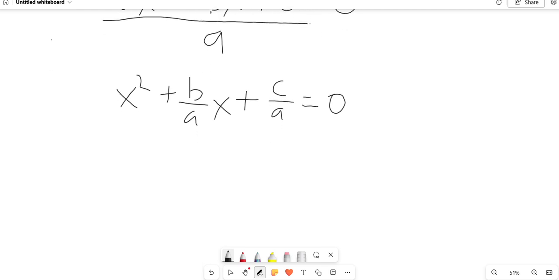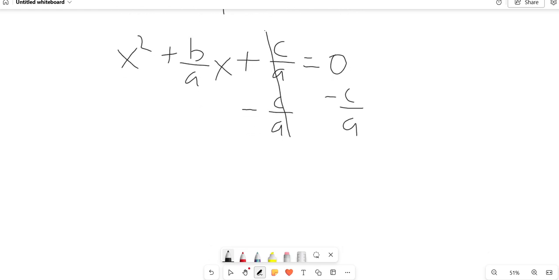Now we can subtract the c term from both sides, minus c over a. These cancel out, and we're left with x squared plus b over a x. I'm going to leave a blank so I can complete the square in a moment, equals negative c over a.